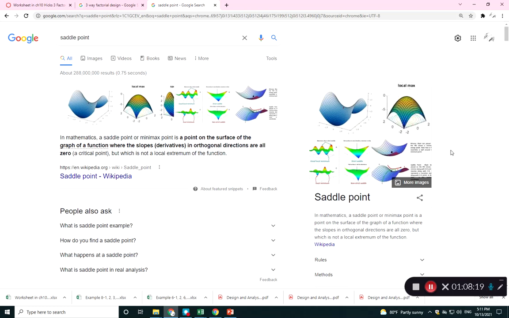Okay. Can you guys see that for the nonlinear effect, this is a min, this is a max, and this is a saddle point. You don't have the ability to investigate this kind of stuff unless you have what? The quadratic effect, okay?